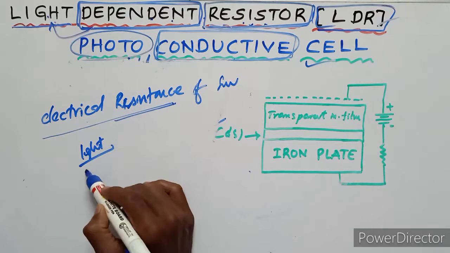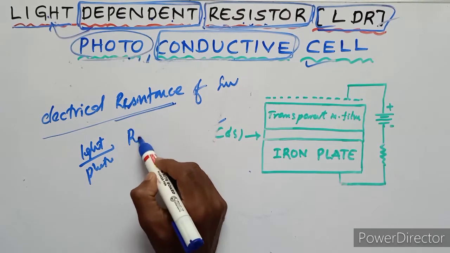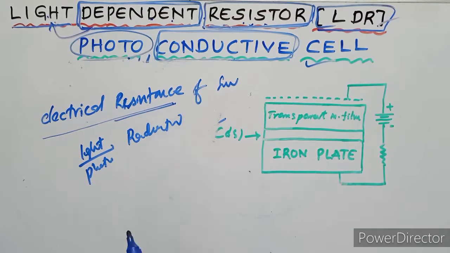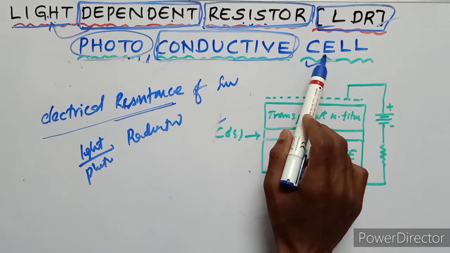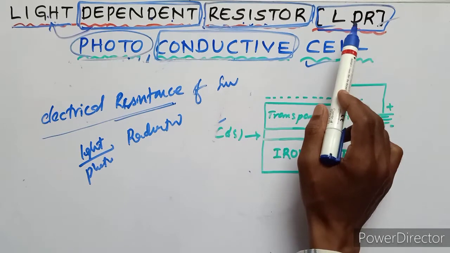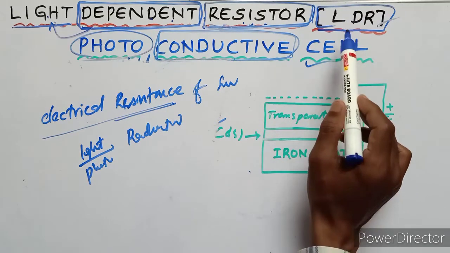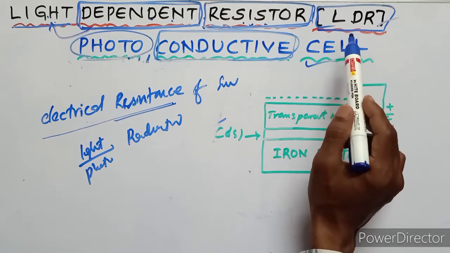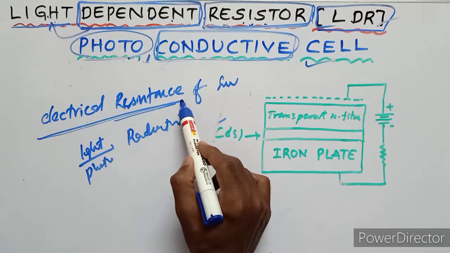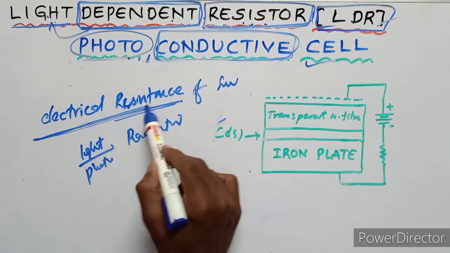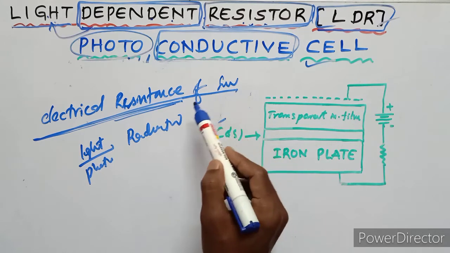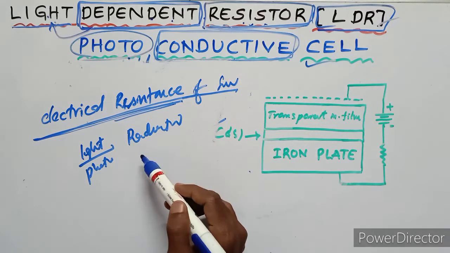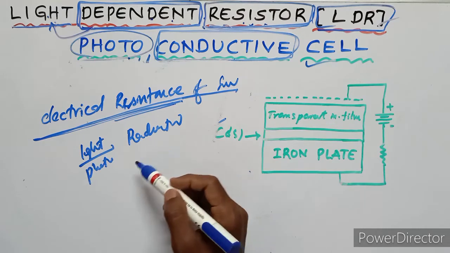Light means photon radiation. So the photoconductive cell or light dependent resistor is based on the principle that the electrical resistance of semiconductor material decreases when exposed to light, that is the radiation.